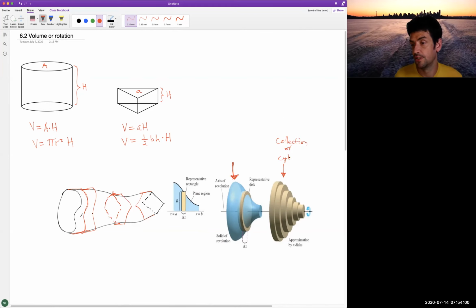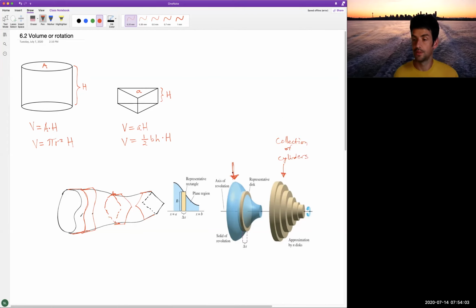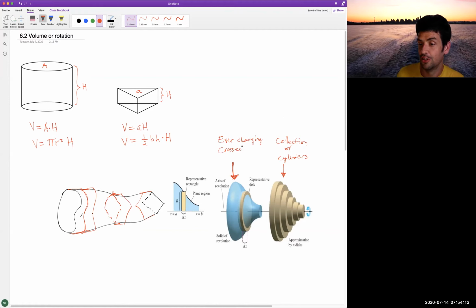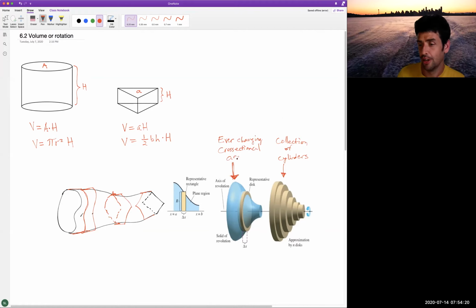So this is a collection of cylinders, versus here, an ever-changing cross-sectional area.